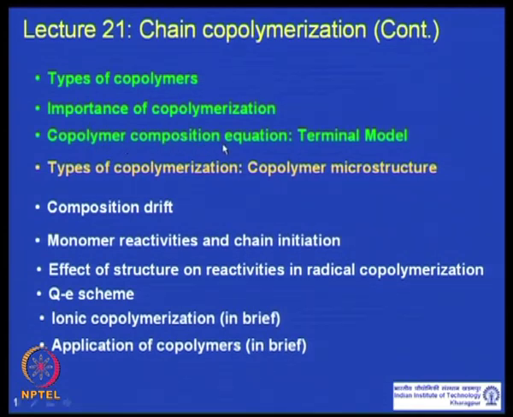And then we talked about the copolymer composition equation, and we applied a simple terminal model, where we were talking about how the composition of the copolymer can be predicted from the monomer reactivity ratios.